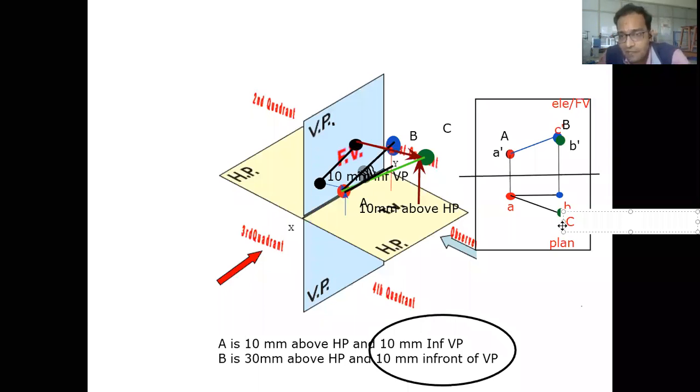And we are indicating plan over here, so I just have to plot it as small c, c dash and c. Is it going to be on same line? Yes, it is going to be on same vertical reference. उसी vertical reference पे ये रहने वाला है. Is it clear? आ रहा है समझ में?